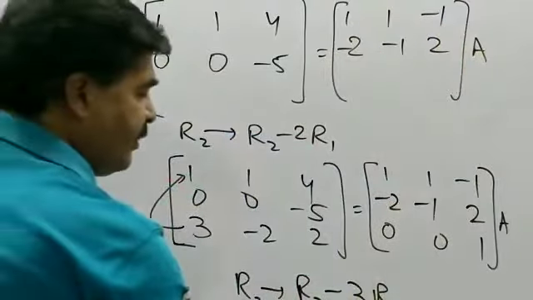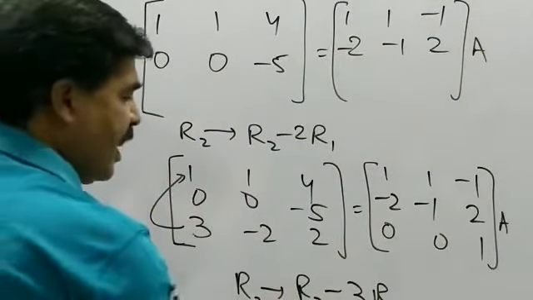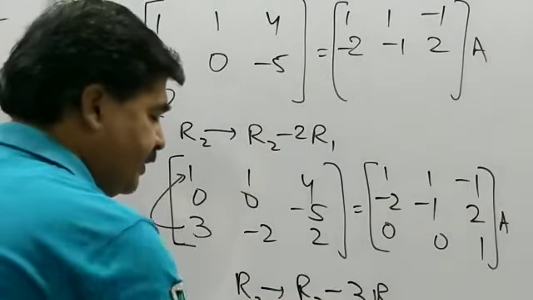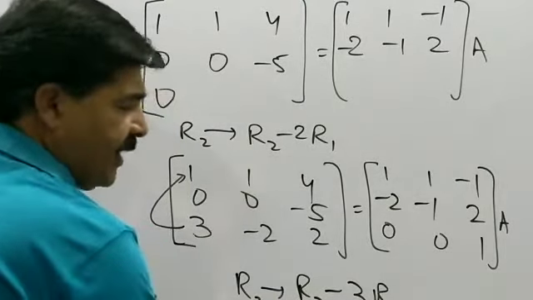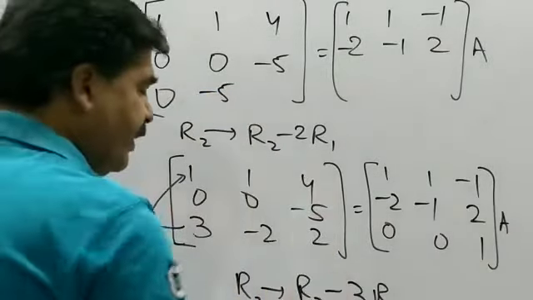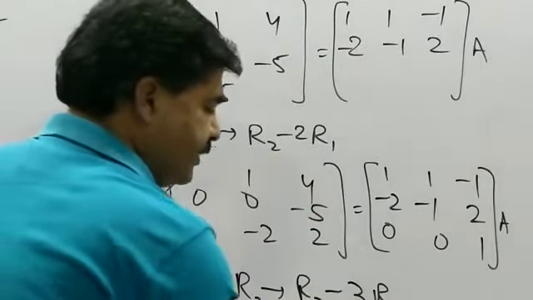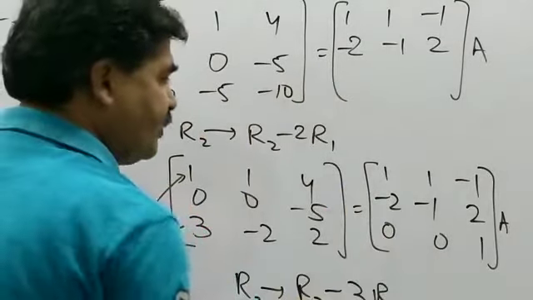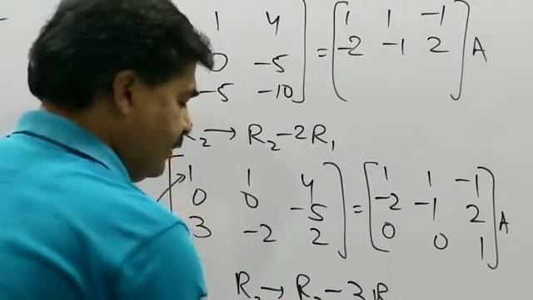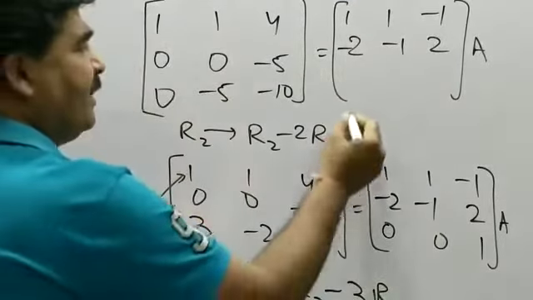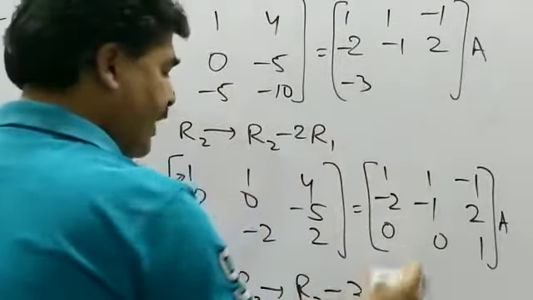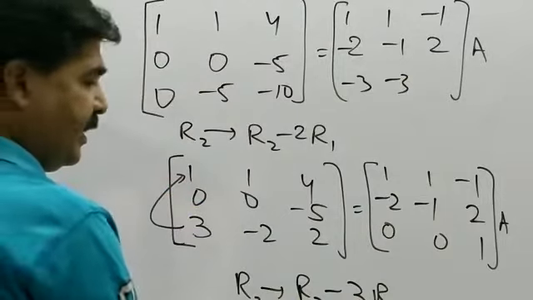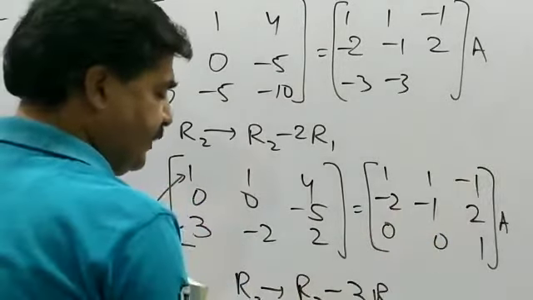Now see, R3 minus 3R1. R3 is 3, R1 is 1, 3 minus 3, 0. Then minus 2 and 1, minus 2 minus 3 is minus 5. Then 2 and 4, 2 minus 12 is minus 10. Then 0, minus 3, then again minus 3, and lastly 1 and minus 1.